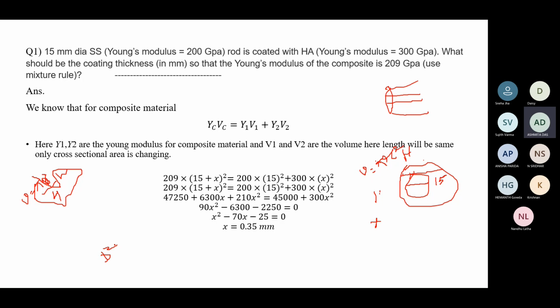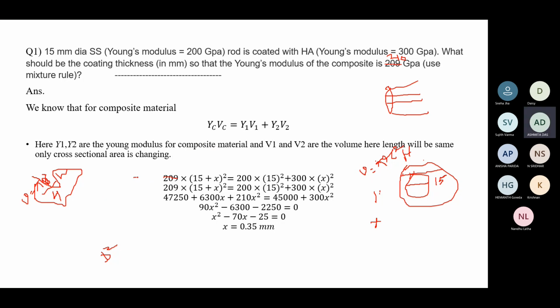Now there is a slight mistake: the Young's modulus of the composite is supposed to be 210, not 209. It's 210 GPa. Please change the number. So here everything is 210.